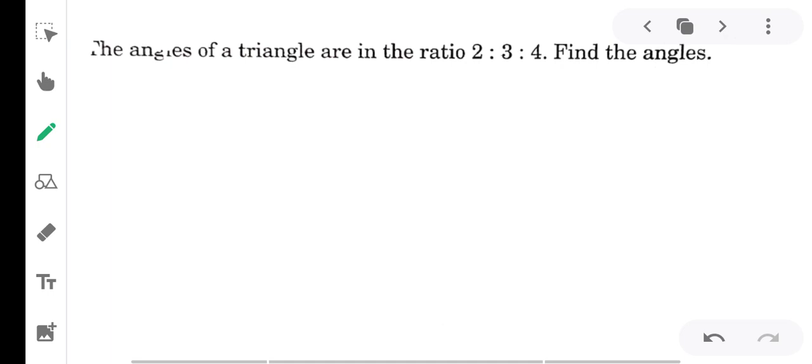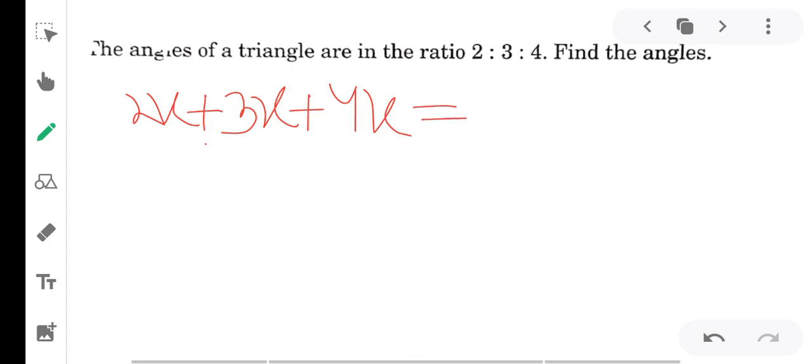Then next question. The angles of a triangle are in the ratio 2:3:4. Let the angles be 2x, 3x and 4x. Then find the angles. We know that the sum of the angles of a triangle is how much? 180 degrees.